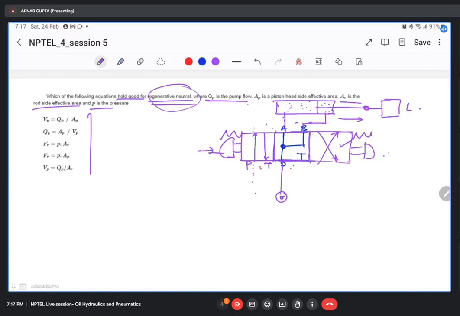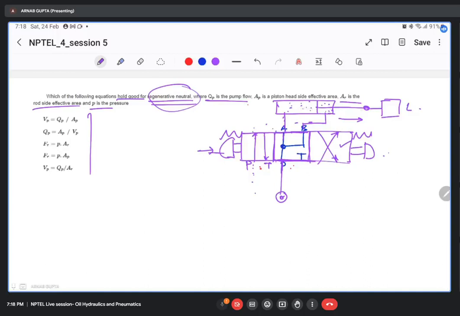So under this condition, what happens? Your pump will be pushing the liquid to the A and B ports. But now there will be this regeneration phenomenon happening. This actuator was extending.